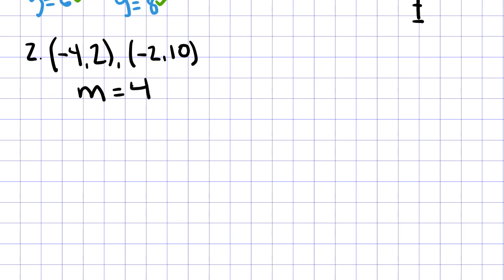Okay, so we use point slope formula. So it's going to be y minus y1, which is 2, equals slope, which is 4, times x minus x1, which is negative 4.